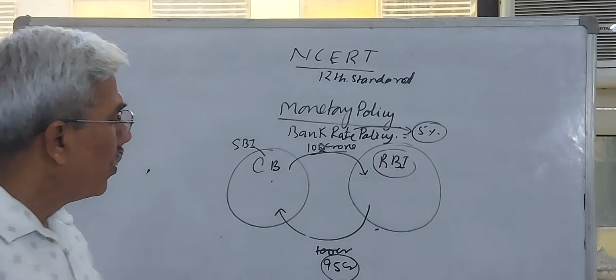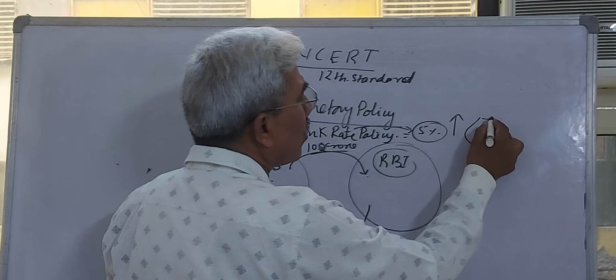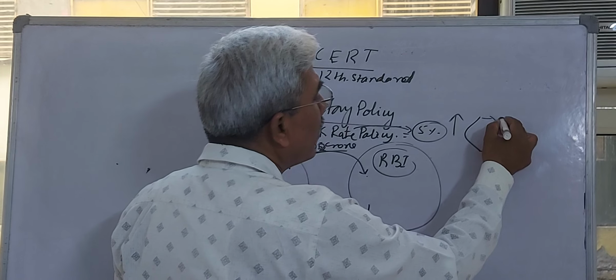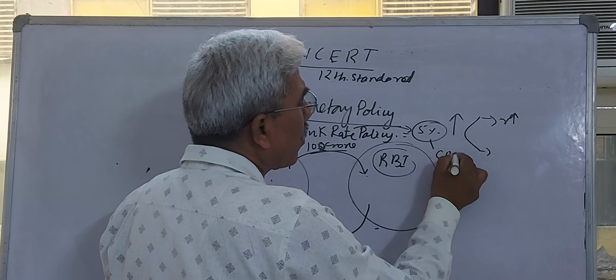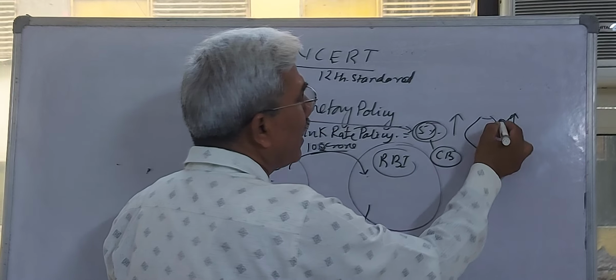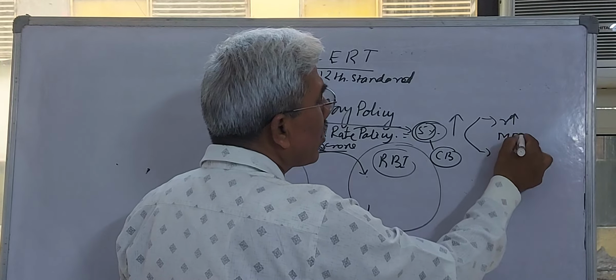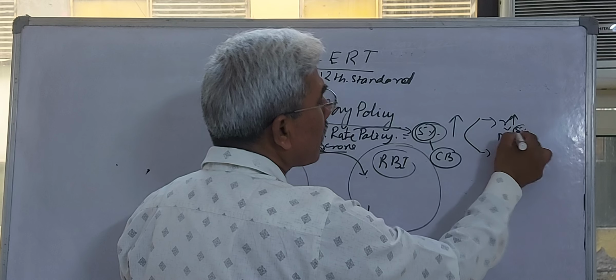What will it do? With an increasing bank rate, it will increase two things. One, the rate of interest in the market. If our commercial bank borrows money from the RBI at 5%, definitely the market rate of interest will be higher than 5%.